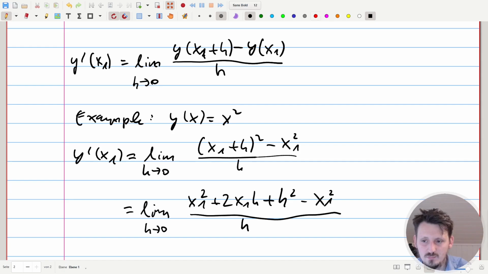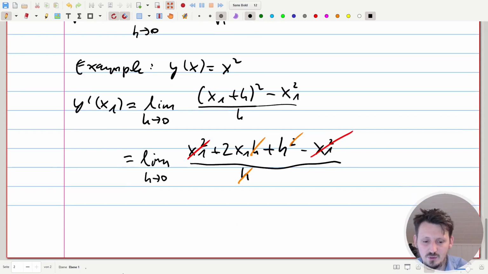And now you see some things cancel out. x1 squared minus x1 squared goes away. So at the end, what remains is 2x1h plus h squared. This h cancels out with the h in the denominator.